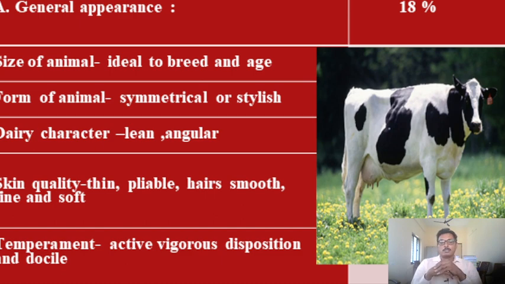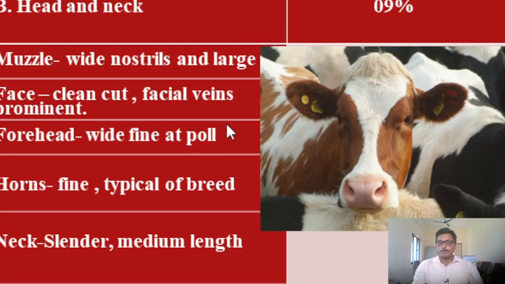It should not be vigorous, and it should be a good docile one, very docile in nature. That is the general appearance, which has a weightage of 18% of grade points.